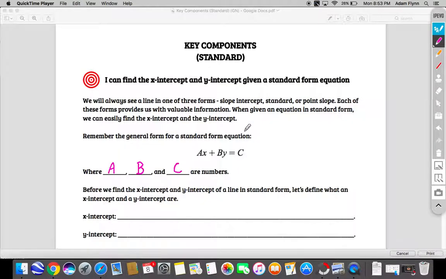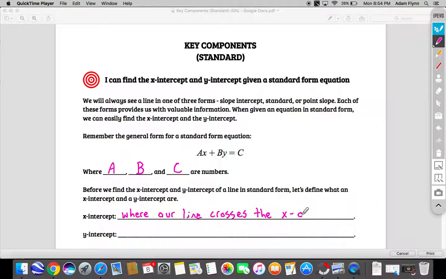So before we actually find what the x-intercept and the y-intercept of a line in standard form are, let's define what an x-intercept and a y-intercept actually are. So the x-intercept is just where our line crosses the x-axis.